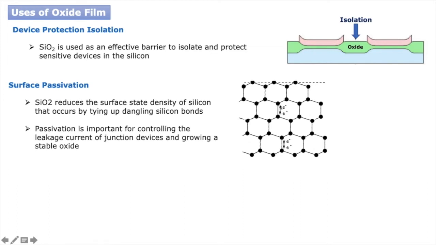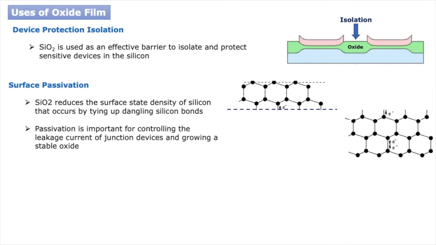Now when you cut this crystal along this line, you make a surface with unsaturated bonds, which means every top exposed surface atom will have one unsaturated bond, and these are called dangling bonds.